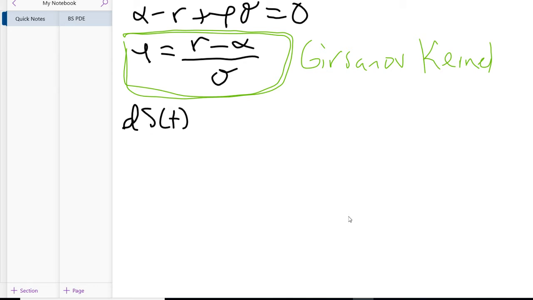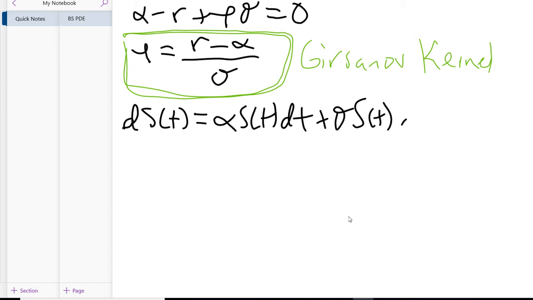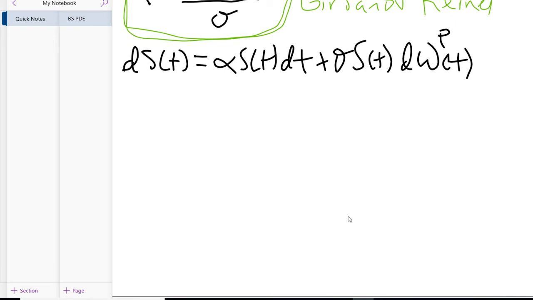Remember, we're just under the standard geometric Brownian motion, dS_t = alpha S_t dt + sigma S_t dW_t, and because we have alpha here as the drift, we're still under the objective probability. Now let's invoke Girsanov and also that derived kernel.